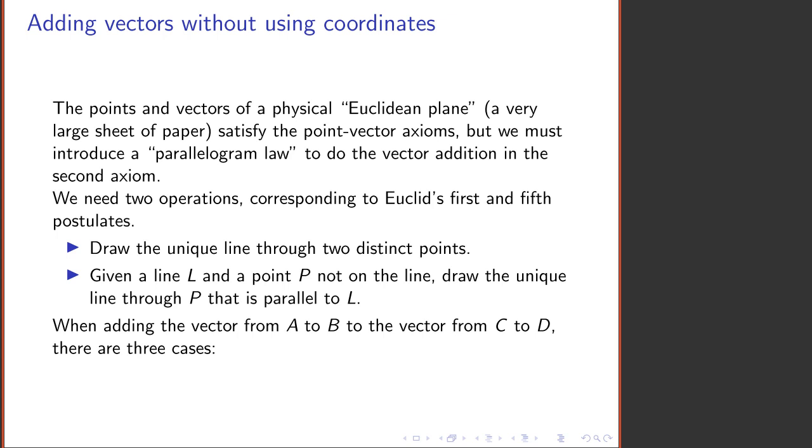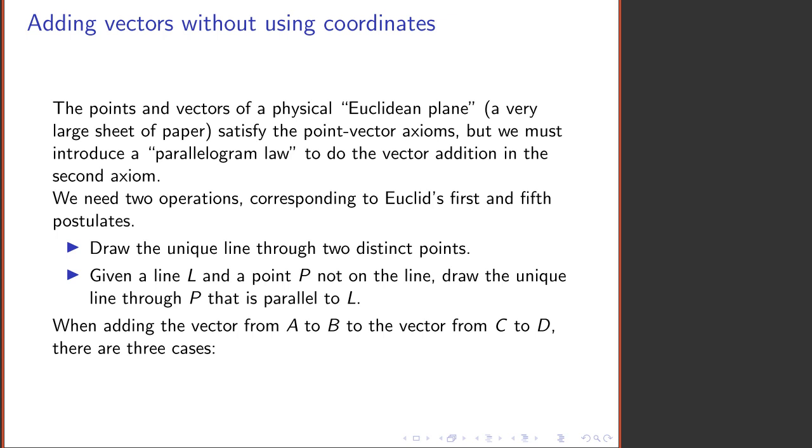Now we have a way of adding vectors without using coordinates. Doing this is kind of like ordinary Euclidean constructions, except that instead of using a straight edge and a compass, we're using a straight edge and a parallel ruler.